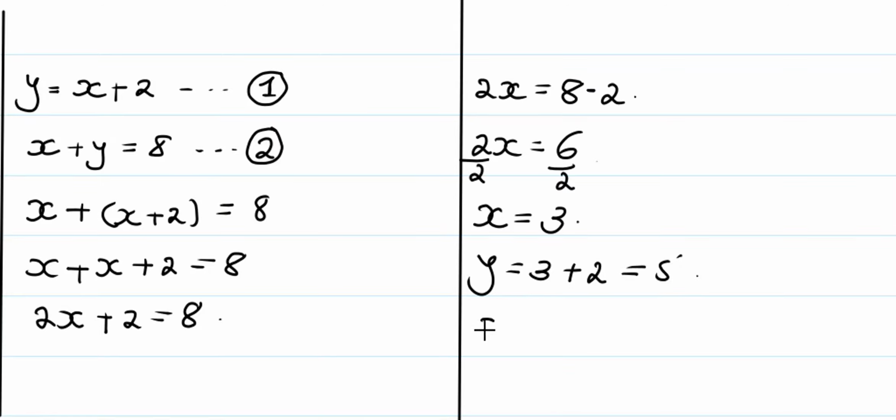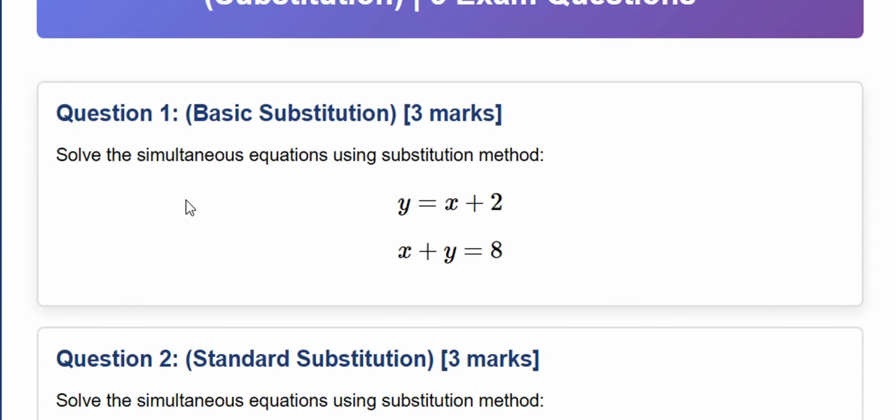So our solutions become x = 3, y = 5. And it is true: if you take 3 plus 5, we get 8. That's how we apply the logic of substitution to solve these simultaneous equations.